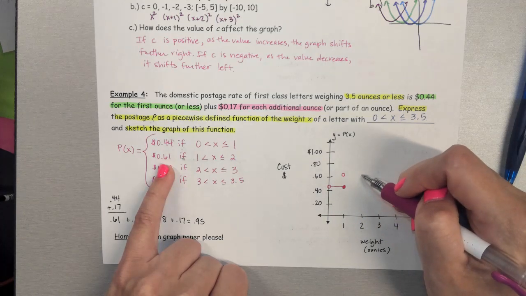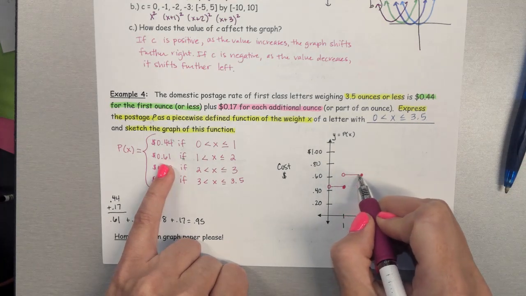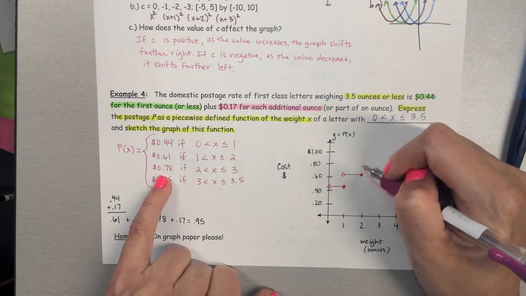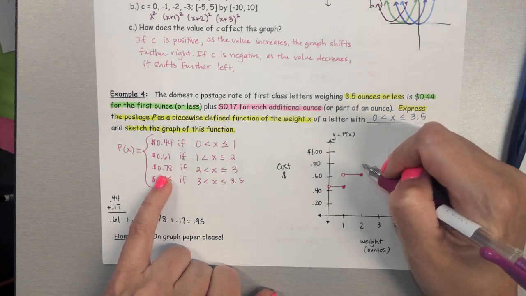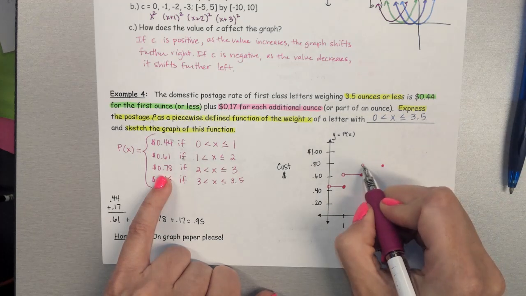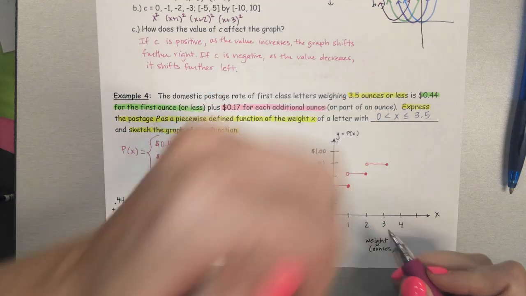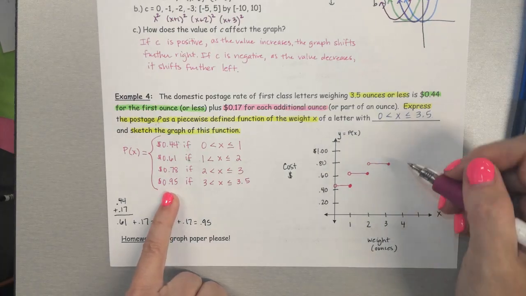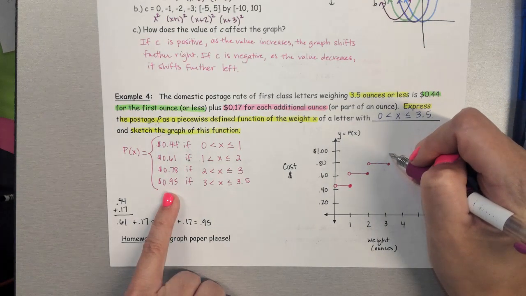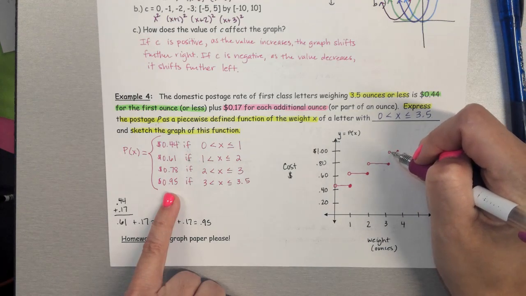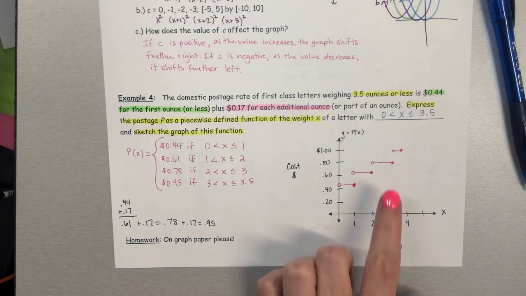And then at 2, I'm going to have a closed circle. And then 78 cents is 2 to 3. So that's going to be close to 80. So we're estimating here. See how they look like little stairs that you can climb? Boop, boop, boop. And then the last one, remember, is only half of a step. So you have 95 cents. And then 3.5. So visually, you should be able to see that it looks halfway.